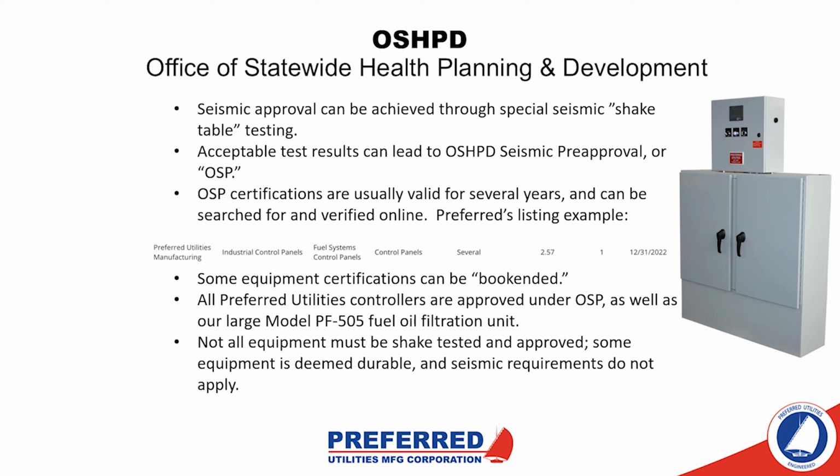Some equipment certifications can be bookended. What that means is if you have a product that has different sizes, you can take the biggest size and the smallest size, and all the sizes in between are also approved as well. So some certifications are a little bit easier to do like that. All preferred utilities controllers that we manufacture and sell are approved under OSP, as well as our model PF505 fuel filtration cabinet, which is pictured to the right there.